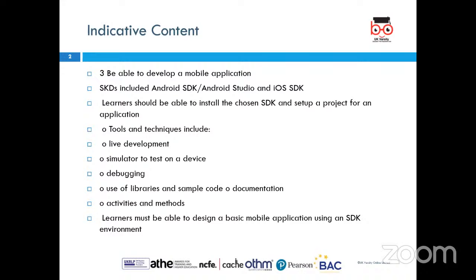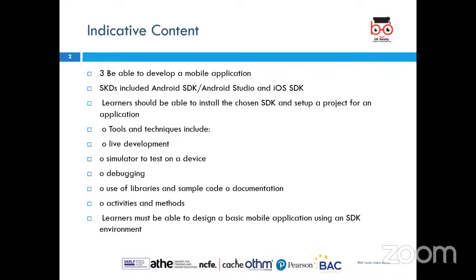What we're going to look into is how we're going to be able to develop an application. We're going to look at SDKs, which include the Android SDK and Android Studio, and also the iOS software development kit. By the end of the tutorial, the learner should be able to install the chosen software development kit and set up the project for an application.